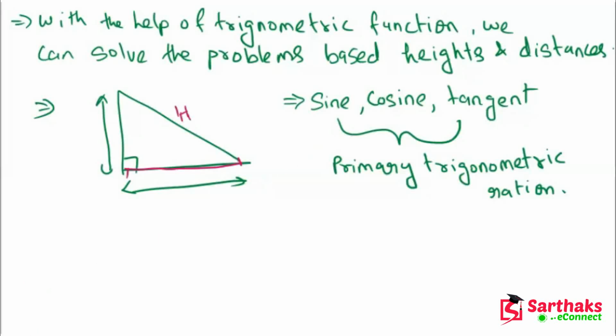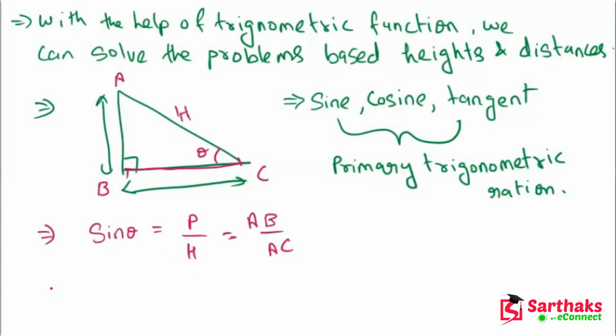Okay, my dear friends. Let's suppose this angle is theta, and the vertices are A, B and C. Now we have to find sine theta. What is the formula of sine theta? It is perpendicular upon hypotenuse. The perpendicular is AB, and the hypotenuse is AC.